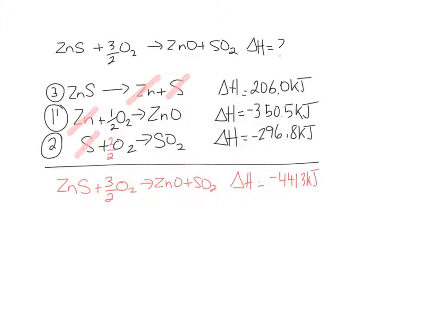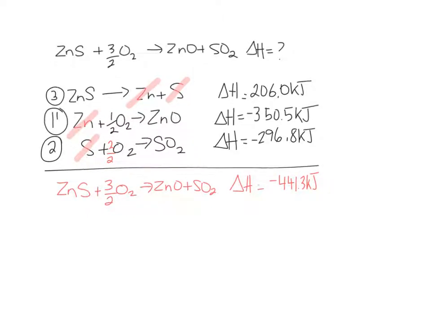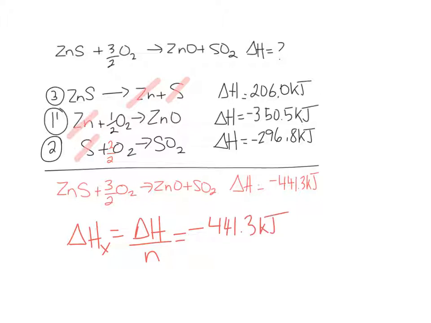So our molar enthalpy is negative 441.3 kilojoules, and there's 1 mole of zinc sulfide. So now you have to find out how many moles are in 50 kilograms of the ore.